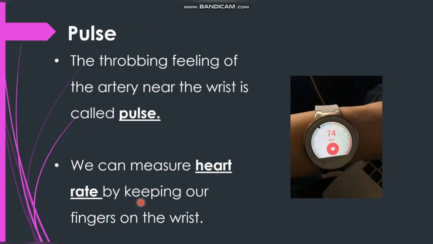The throbbing feeling of the artery near the wrist is called pulse. When you hold your wrist and keep your fingers or thumb on the vessels, you can feel the veins, and you will get the feeling of a strong rhythm.